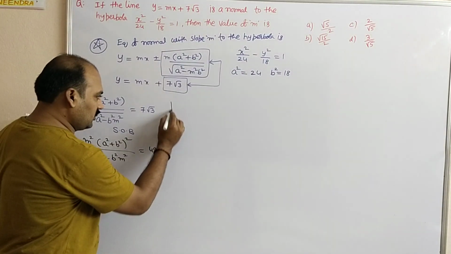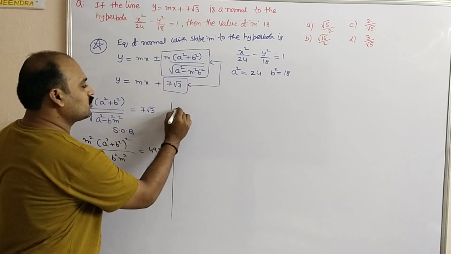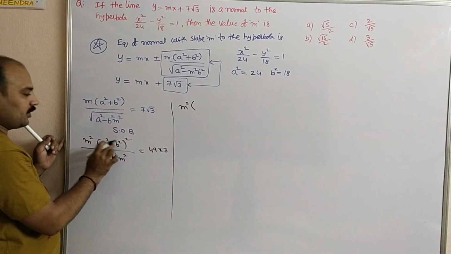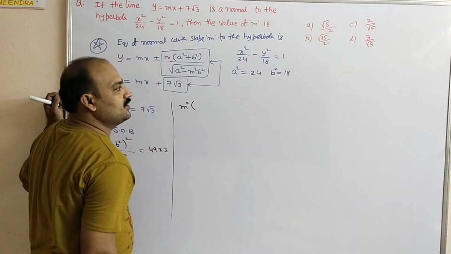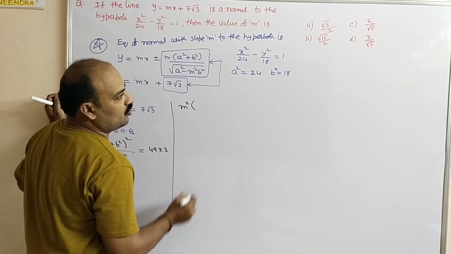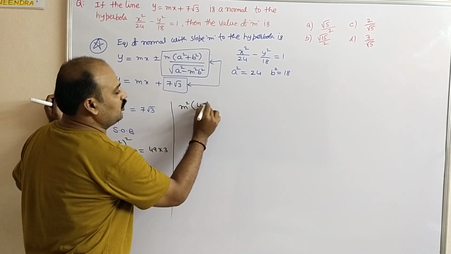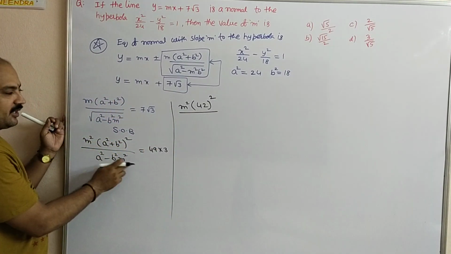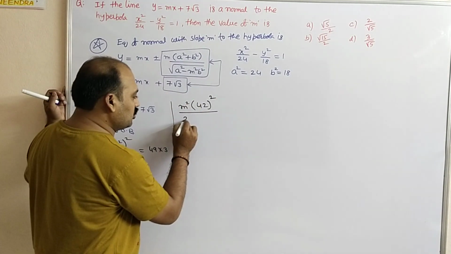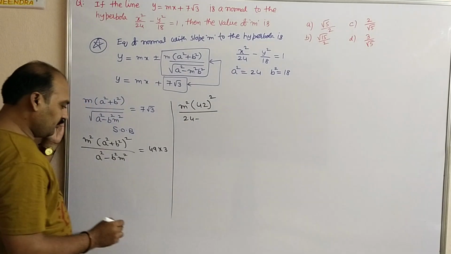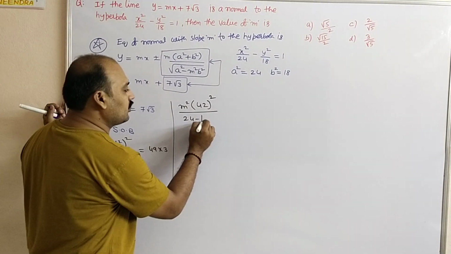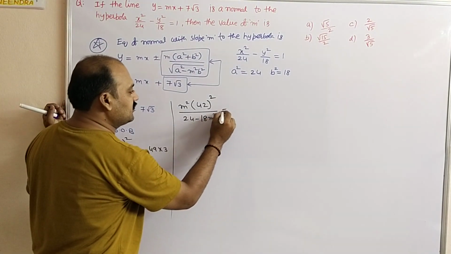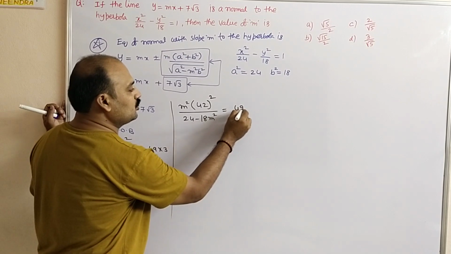Substitute the respective values here. m²(a² + b²): 24 plus 18, how much is it? 42. So 42 whole square divided by (a² − b²m²): a² value 24 minus b² 18. So 18m² is equal to 49 into 3.